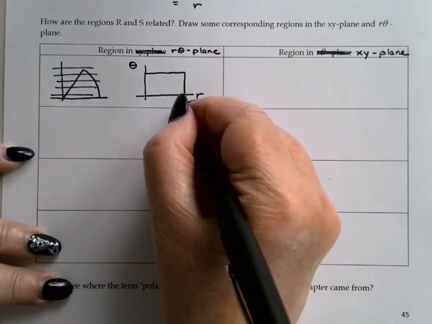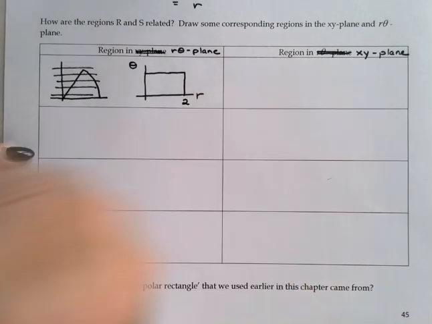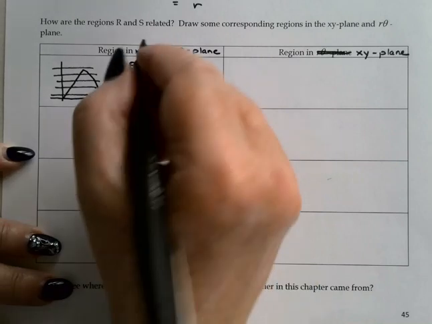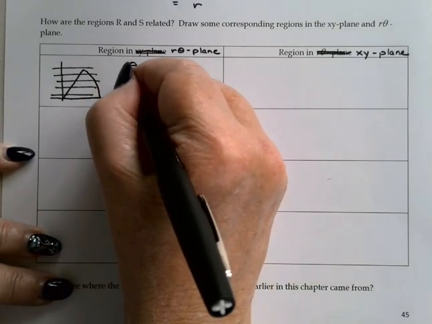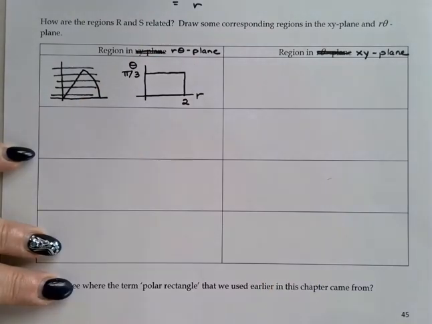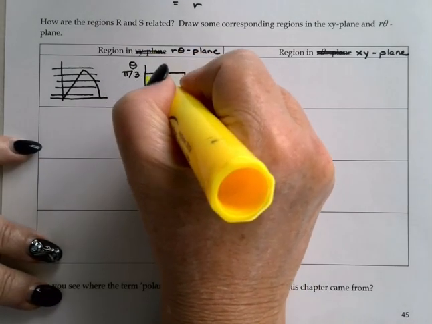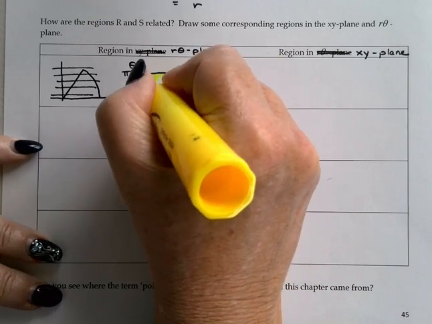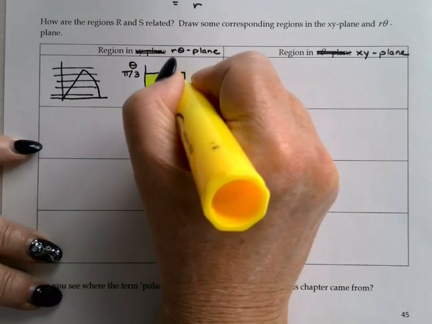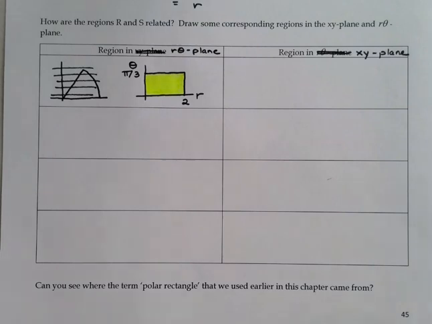I'm going to go from 0 to 2 on my r-axis, and let's take our thetas from 0 to pi thirds, even though I kind of gave away the ending there. This would be the region in the r theta plane.